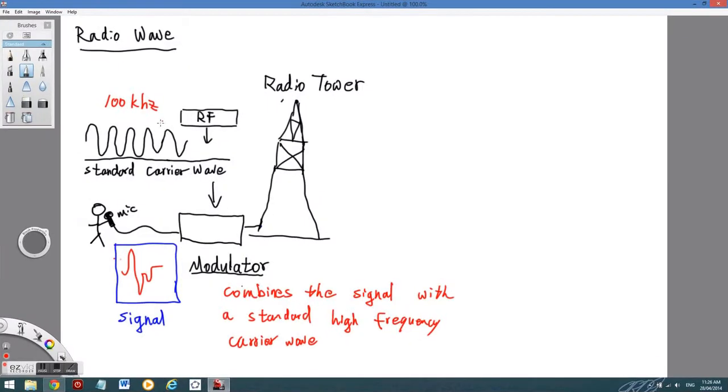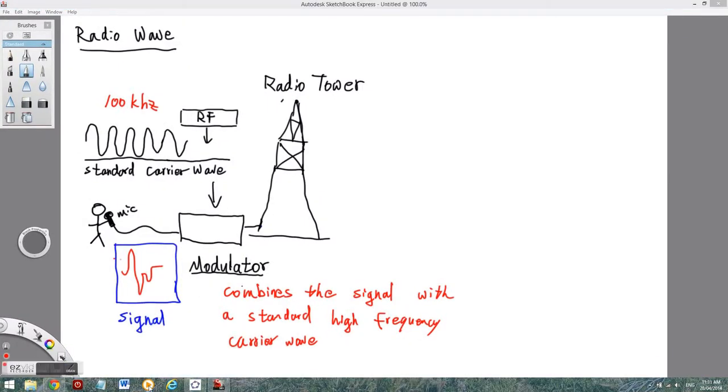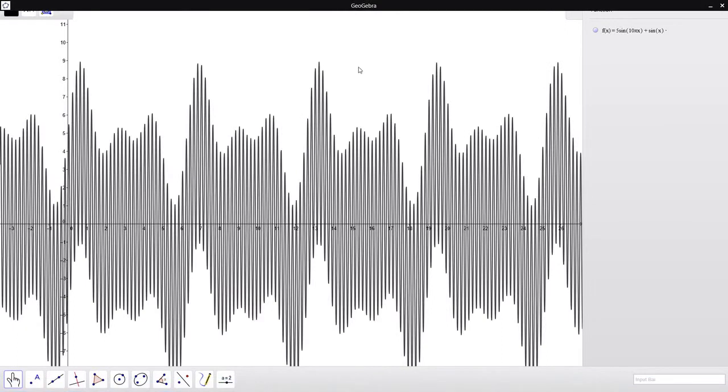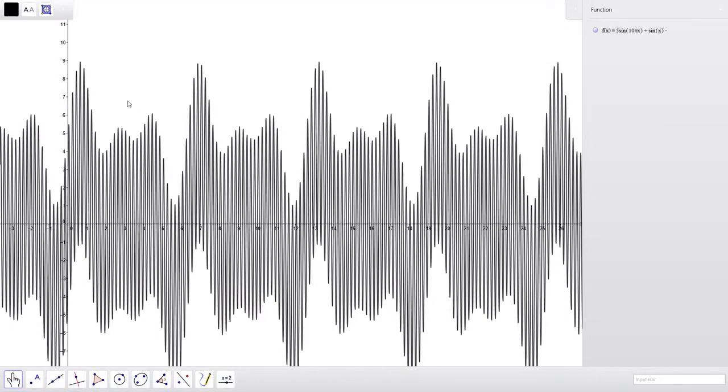So when I combine them together, it looks like this. You see, the amplitude changes. The amplitude goes up and goes down.